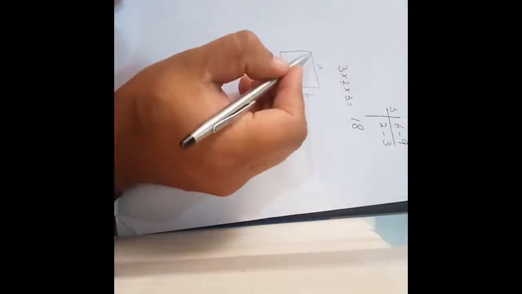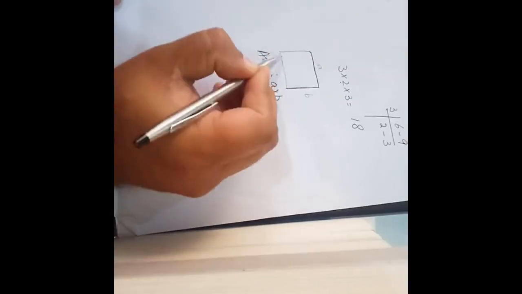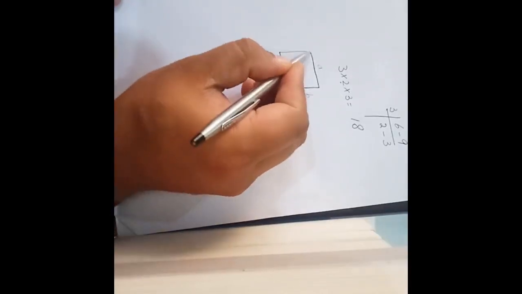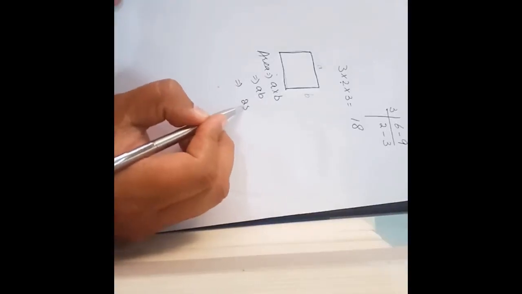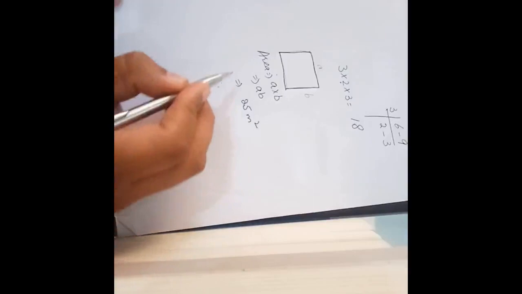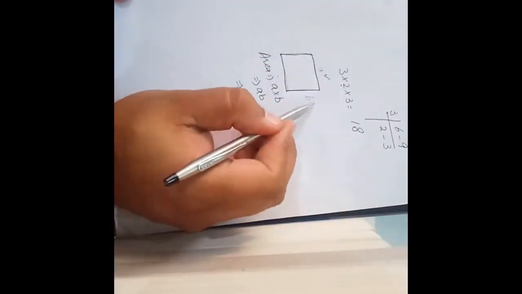You get that, right? So if they are asking about a square which has an area of 25 meters square, what would be this and this length?